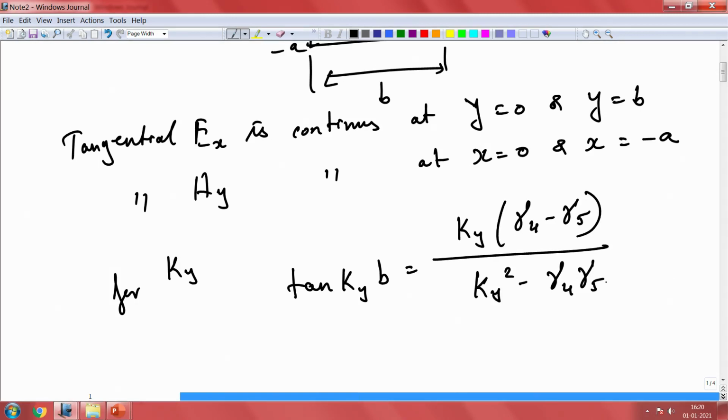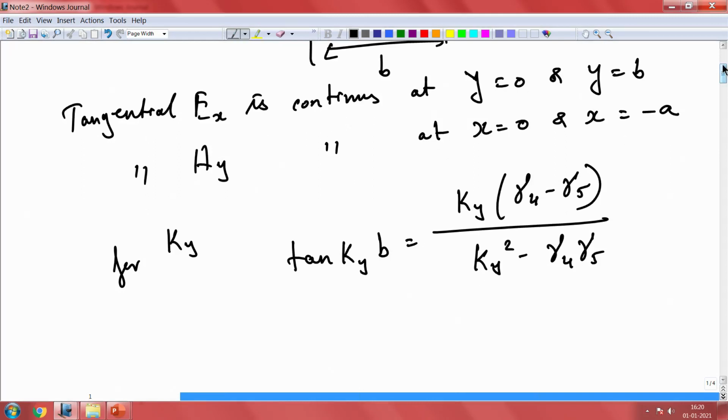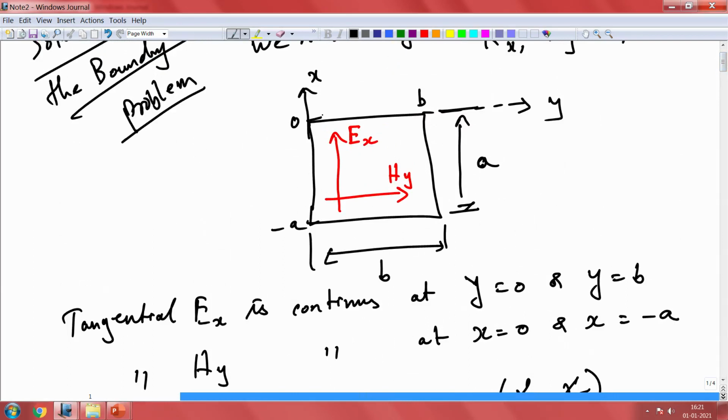So, this is identical to what we have seen as the characteristic equation of TE mode in a slab waveguide. We can use a similar tangential component for Hy that involves the interface X and Y. You remember for Hy, we should have continuity at x equal to 0 and continuity at x equal to minus a.